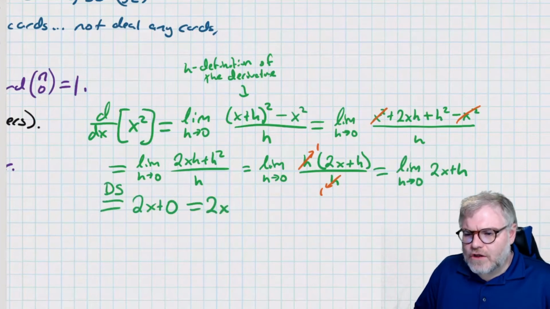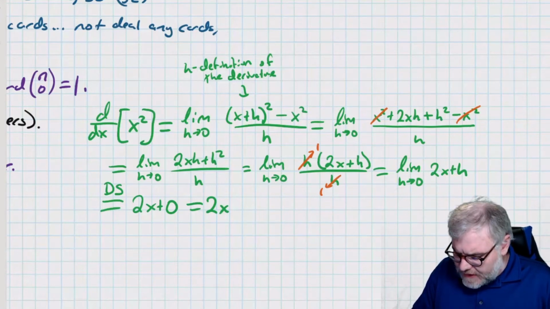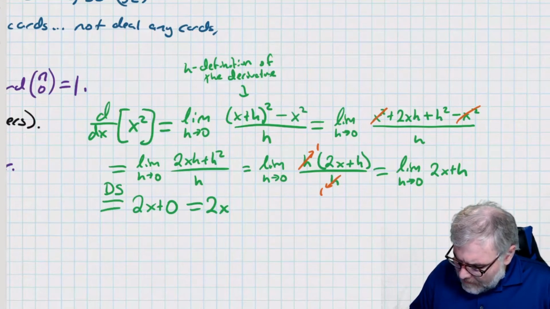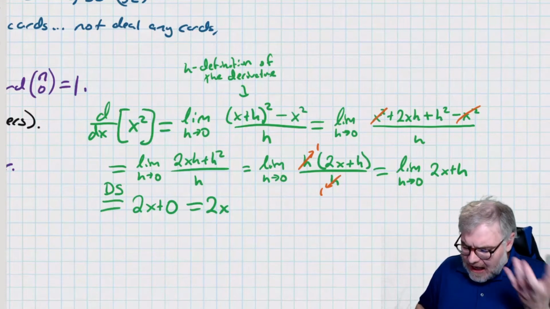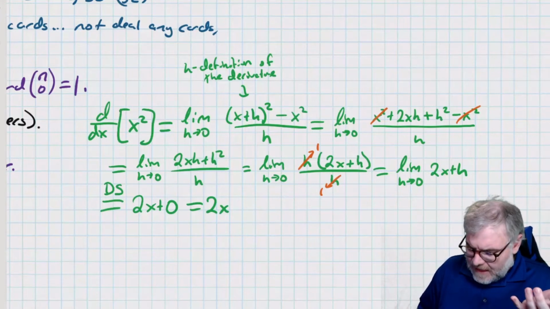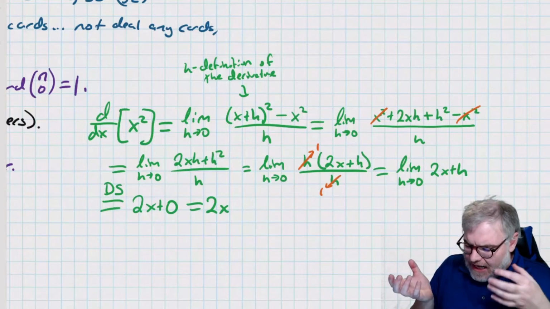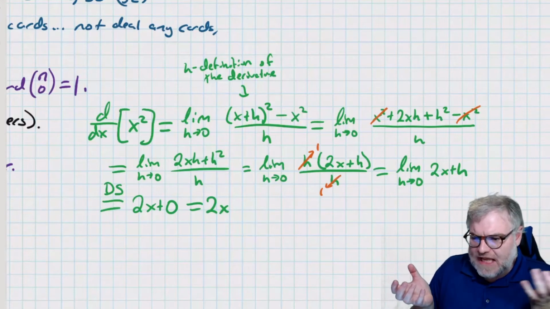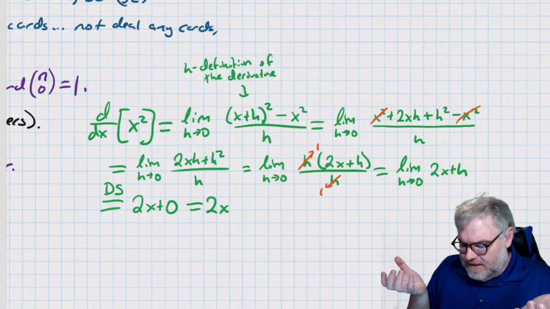Okay, so let's look at what happened here. Overall, when we did this, we used the h definition of the derivative, and we ended up with x plus h squared. The first term of that expansion was x squared with no h, and that canceled my x squared out on the top.